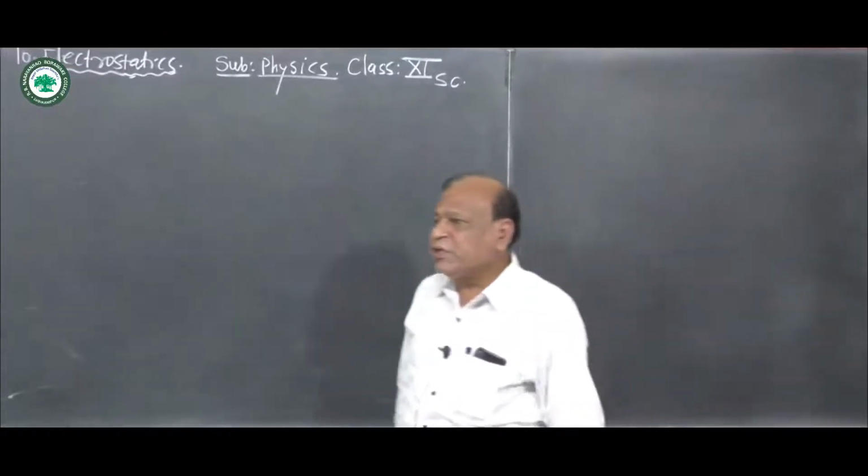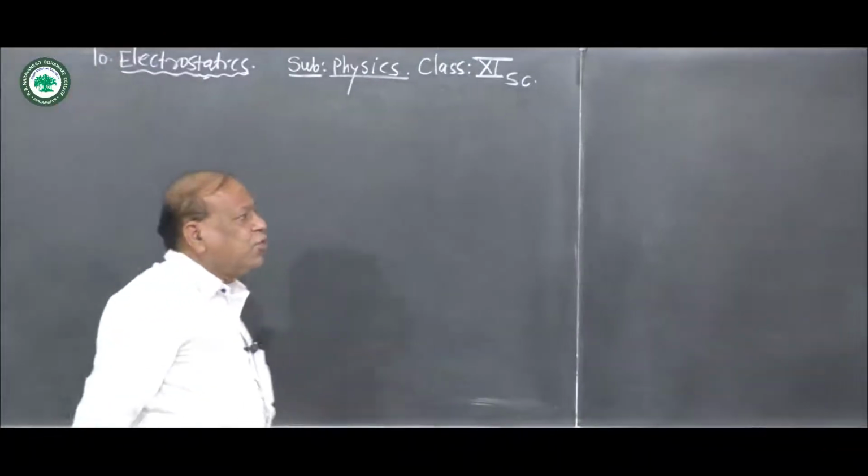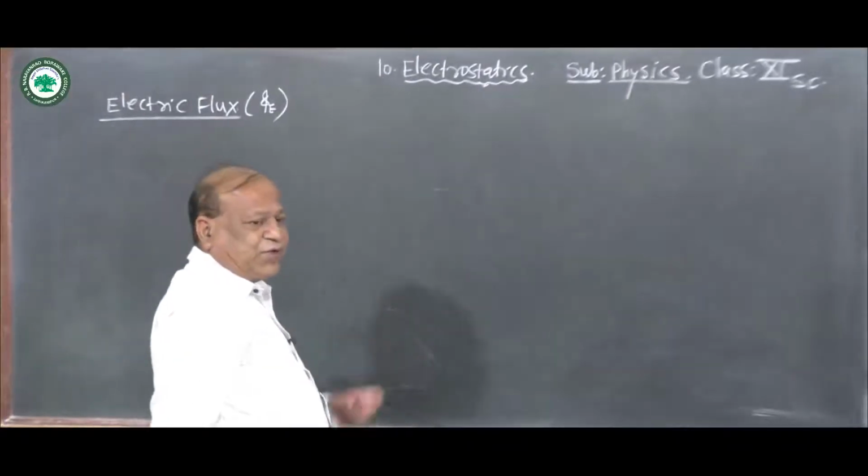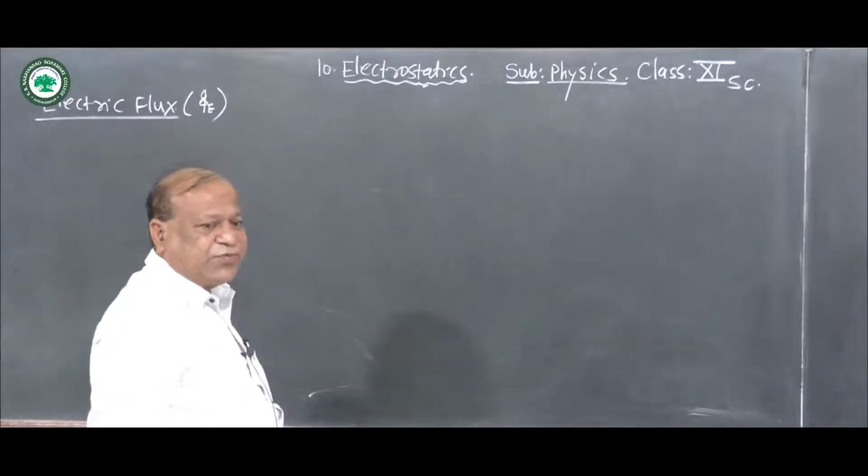The number of lines of force per unit area is the electric field intensity or electric field.